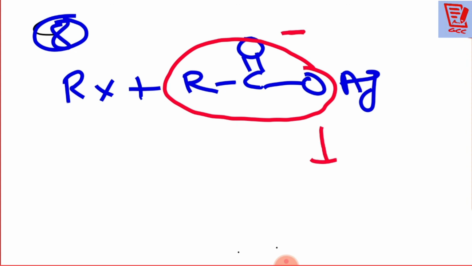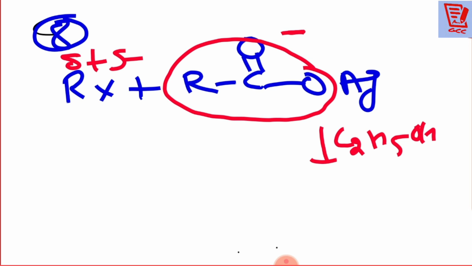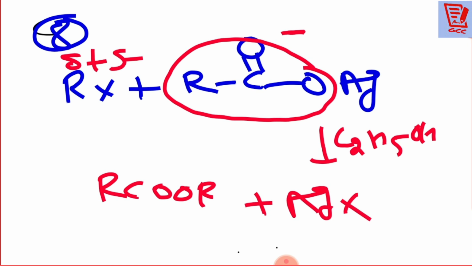In the presence of C2H5OH, here R is positive, X is negative, so it will become RCOOR plus AgX. And what we are getting over there? We are getting esters. Clear? What are we forming over there? We are forming the esters.